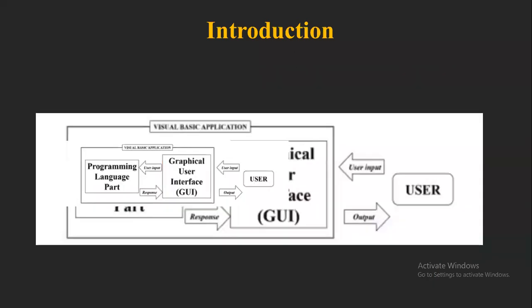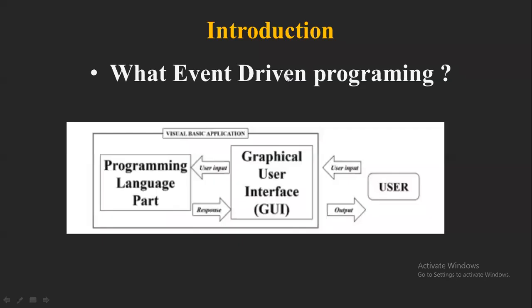So let's understand how this graphical event programming works. Please look at the picture here, the graphical user interface. First the user gives input, with the help of the graphical user interface, like Swiggy, where all the pictures are available.